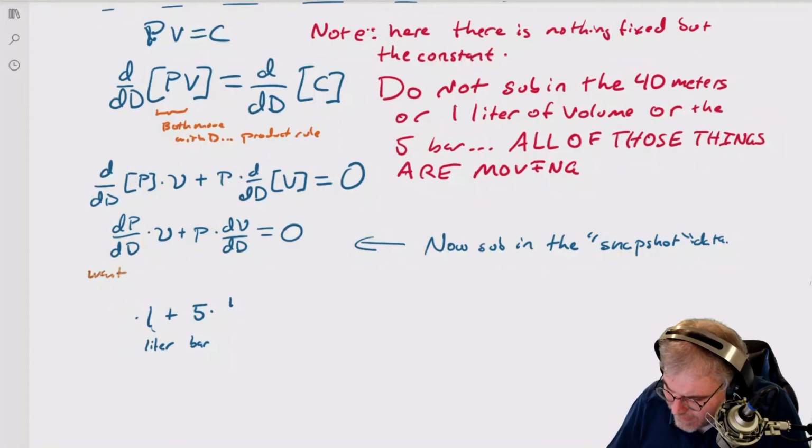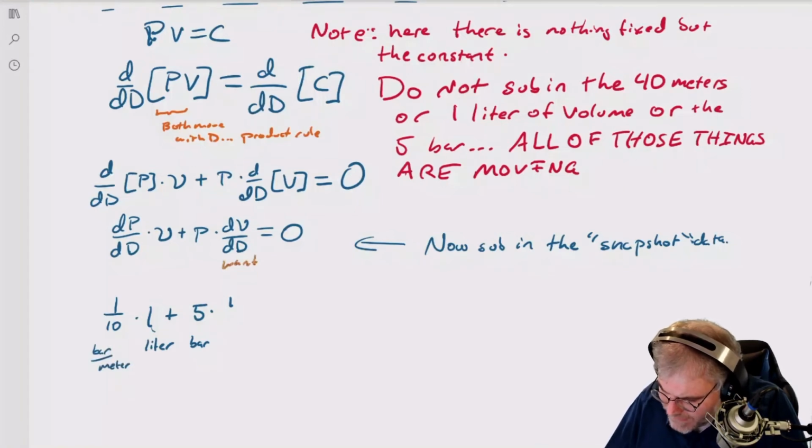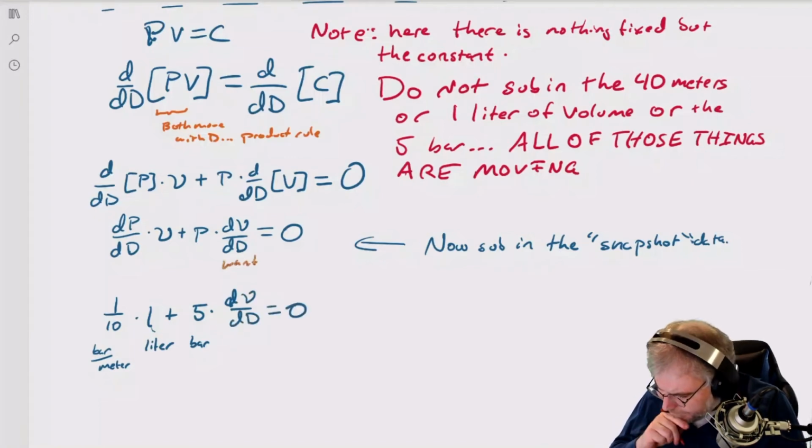Sorry, this is the thing I want. My bad. Right? dP over dd I have. That's 1 over 10 meters. I'm sorry, bar per meter. This is the thing I want: dV over dd. And that all equals 0.